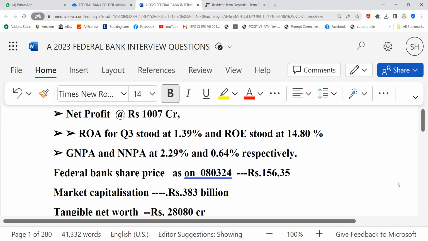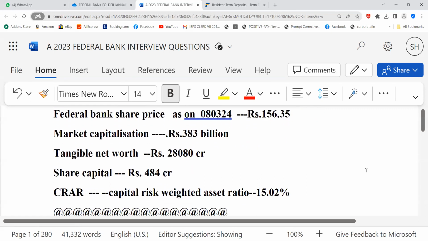Continue. Market capitalization is rupees 383 billion. Tangible net worth is rupees 28,080 crore, and share capital is rupees 484 crore. And the capital risk weighted asset ratio, CRAR, is 15.02%.